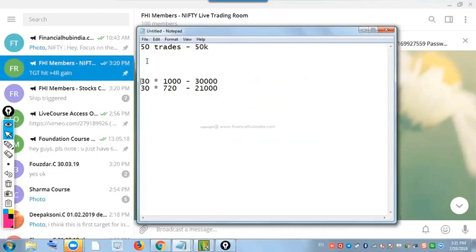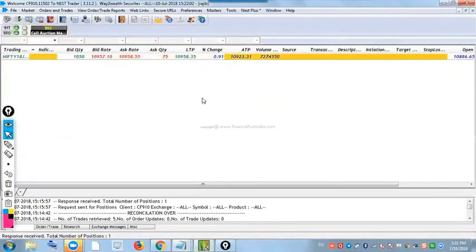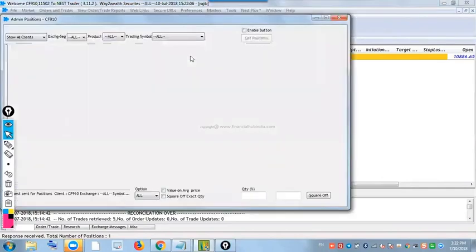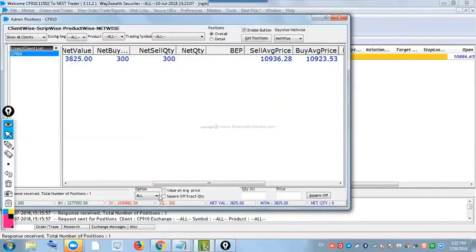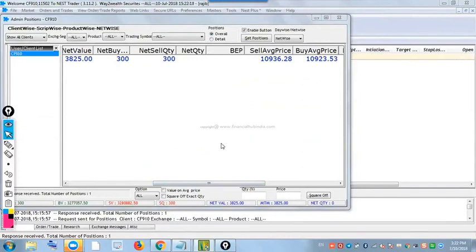All right, like here, how much will you be getting? The net profit is showing as 3825, but you do the minus, since we did two lots, so 3825 minus 750. So how much did you really make? We made 1:3, right? So this is what I was talking about.